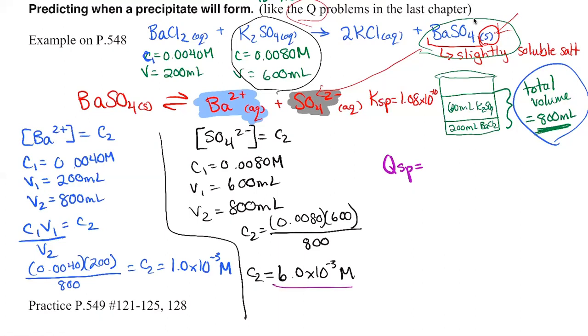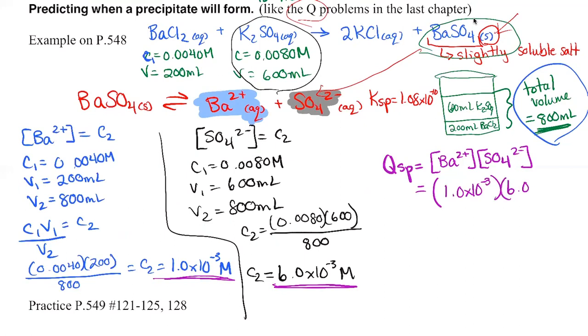So I've got the concentration of barium times the concentration of SO4 2- sulfate. I'm going to put those numbers in. Barium was 1.0 times 10 to the negative 3 moles per liter times 6.0 times 10 to the negative 3 moles per liter. Gives us a Qsp of 6.0 times 10 to the negative 6.